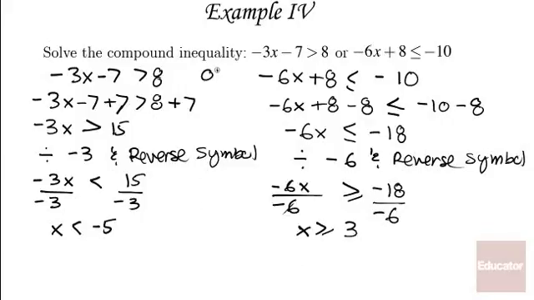Remember, this is an inequality joined by or. So the solution set for this compound inequality is x is less than negative 5 or x is greater than or equal to 3.